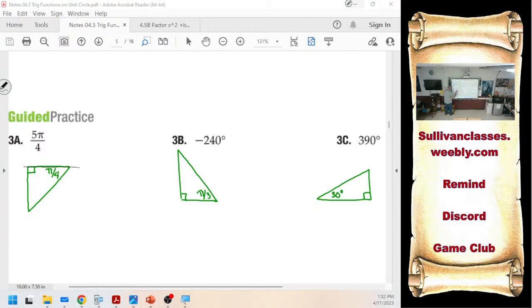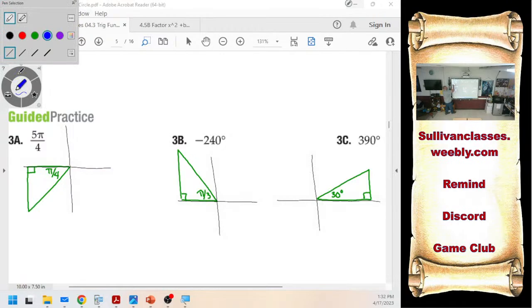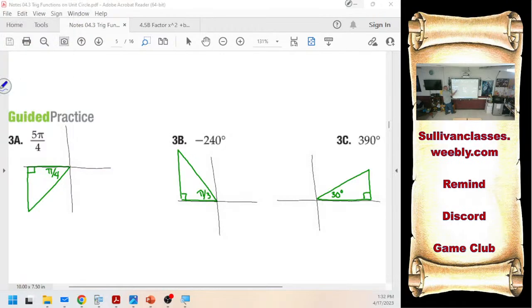But if I then do this, does that help? That 5 pi over 4, here's 4 pi over 4, 1 more is 5 pi over 4.